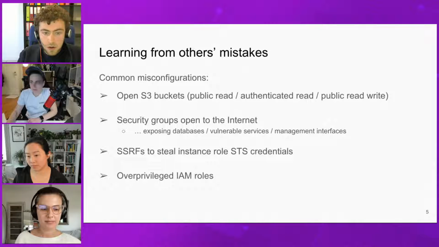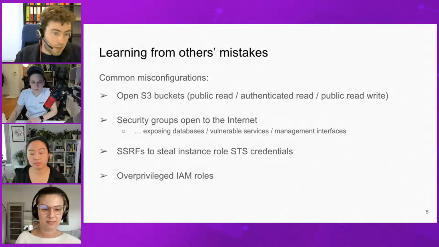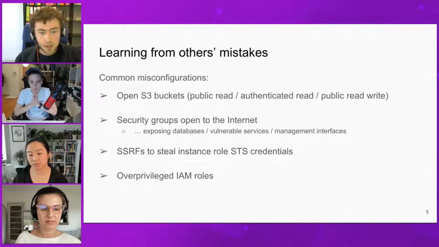And sometimes it's also going to be a combination of them. Typically, if you look at the Capital One breach, it was a combination of internet exposure, SSRF that was used to steal the credentials of an instance, and an IAM role that was too privileged.